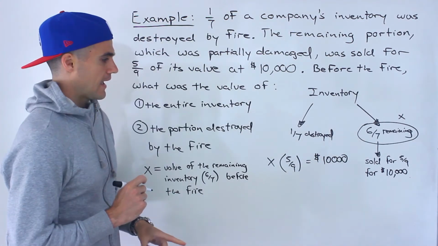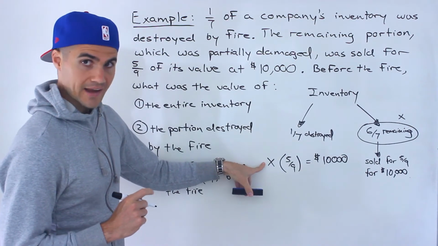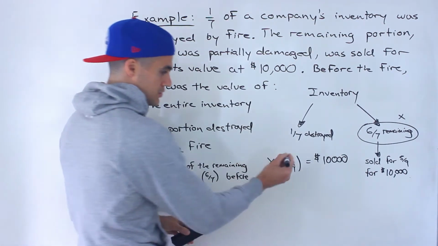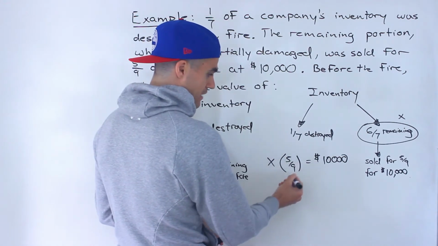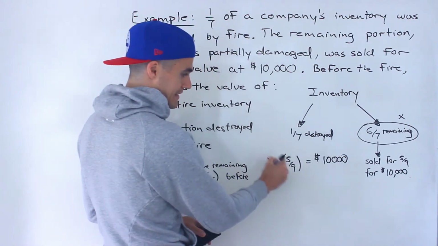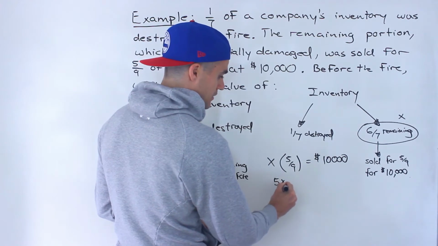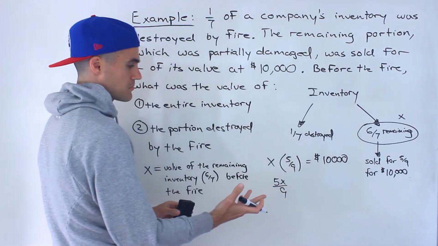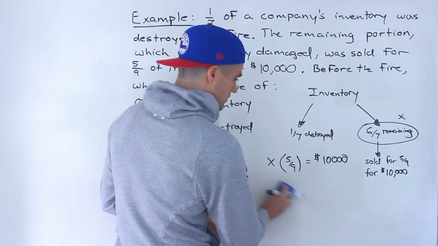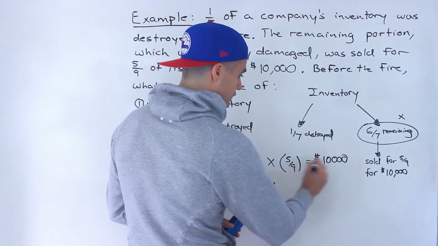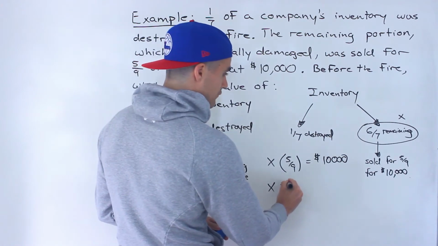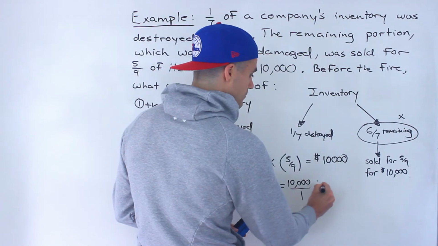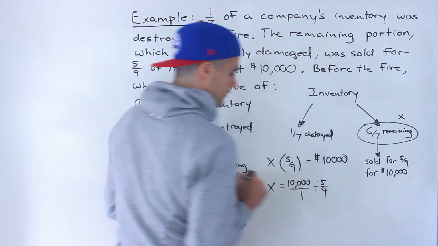If we want to solve for this x value, there are a couple of different ways we can do it. We can just divide both sides by 5/9. We can also combine this to be 5x/9, and this would be 10,000/1, and cross multiply. I'm just going to divide both sides by 5/9, so we'd have 10,000 over 1 divided by 5/9.